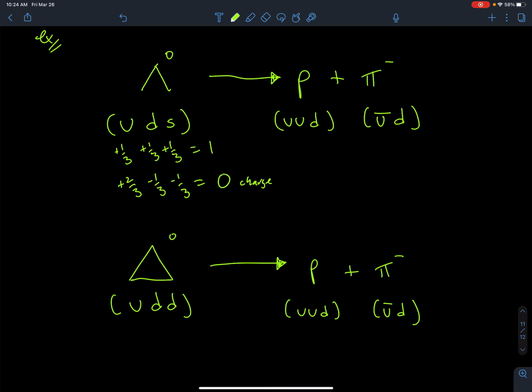So the charge of a proton is positive 1, but everything has to be 0. A pion, pi negative, the charge is going to be negative 2/3, negative 1/3, that's negative 1. So negative 1 plus positive 1 is 0, so that's why the charge is conserved.